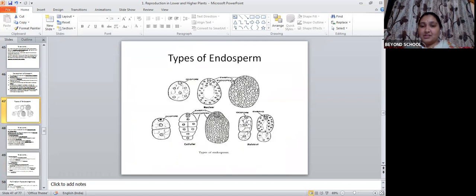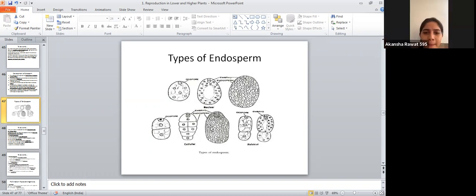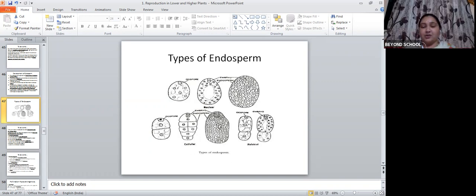This oval shape, this round shape, we call an outer wall. Inside that, all the nuclei are present. Now this one, which is an irregular shape, cellular, this is the outer wall, an outer covering, isn't it? Inside this, all the cells are present, including embryo and endosperm, isn't it?